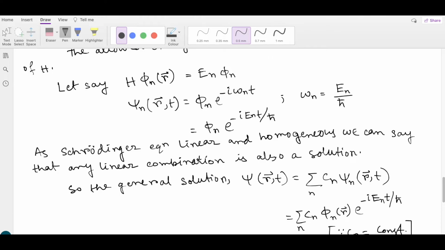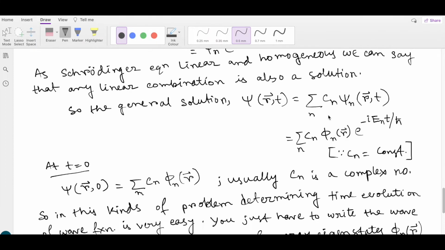As the Schrodinger equation is linear and homogeneous, any linear combination of solutions is also a solution to that equation. So the general solution is given by ψ equals Σ Cn ψn, and we know ψn is given by φn e to the power minus iEn t by ħ, where Cn is some constant of expansion.